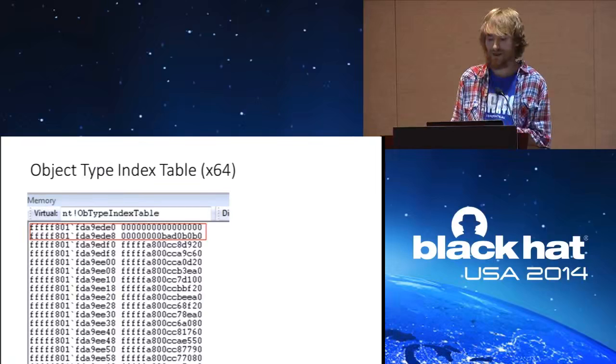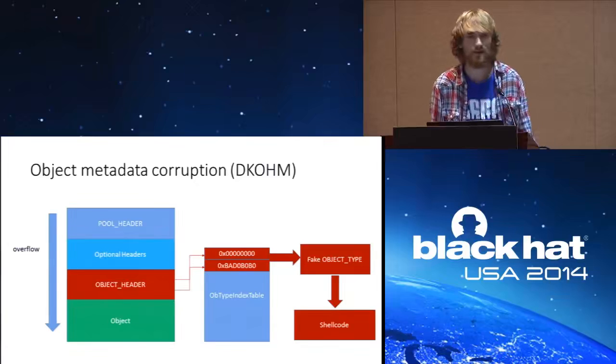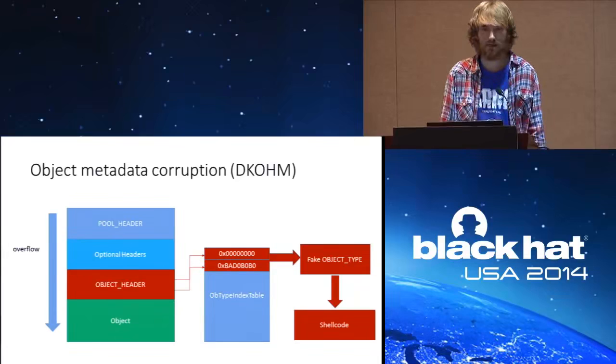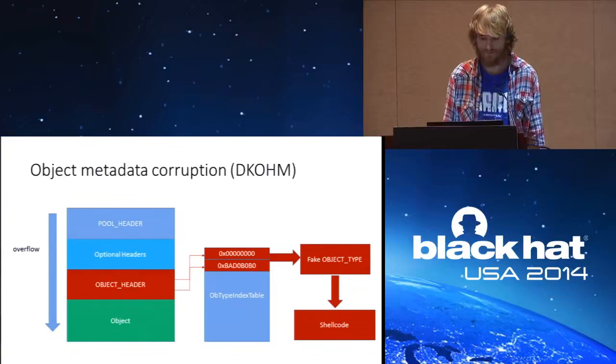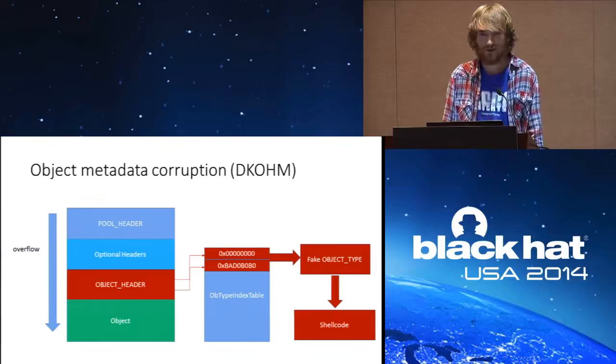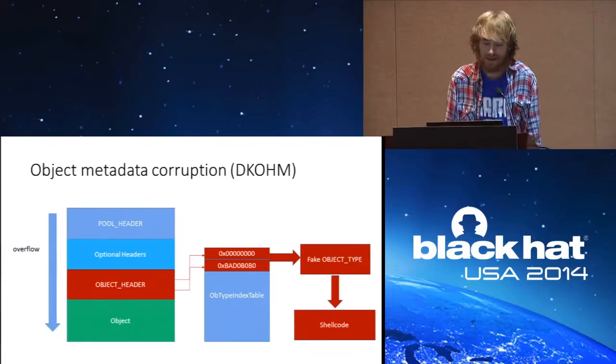It's memory that resides in the user mode address space. So the attacker can simply, before Windows 8.1, smash the type index with a 0 or 1 value, allocate a fake object type at address 0 or 0xBAD0B0B0, and hijack the execution flow.